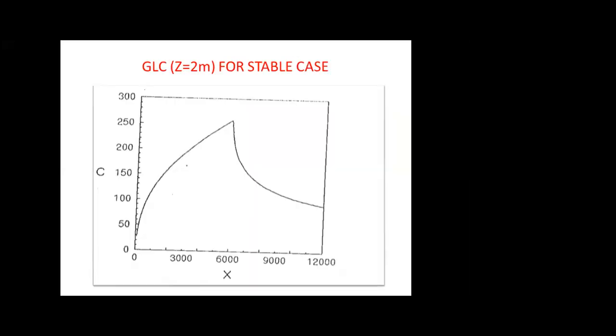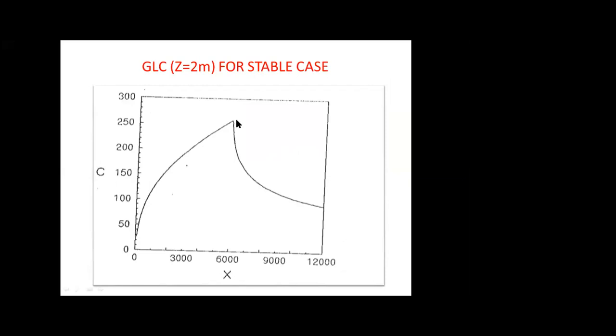And here the pollutants' ground level concentration at 2-meter height, 3-meter height has been plotted, and this is for the stable case. And you look at it, the urban area is up to 6 kilometers, and therefore the pollutant goes on increasing gradually.